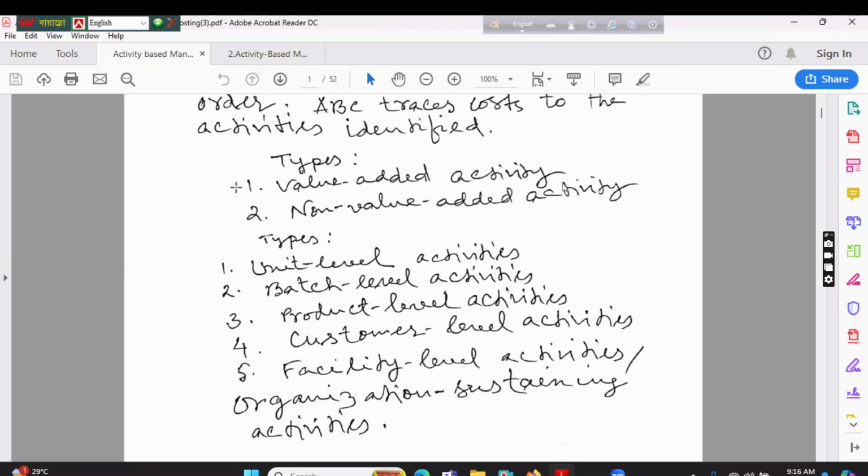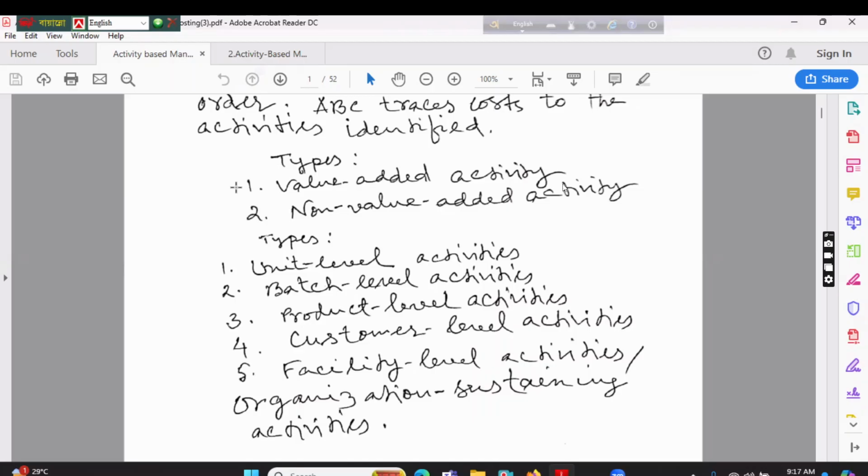For example, the number of programs is a possible output measure for writing programs. The output measure effectively is a measure of the demands placed on an activity and is what we have been calling an activity driver, or cost driver. We'll discuss cost driver later.